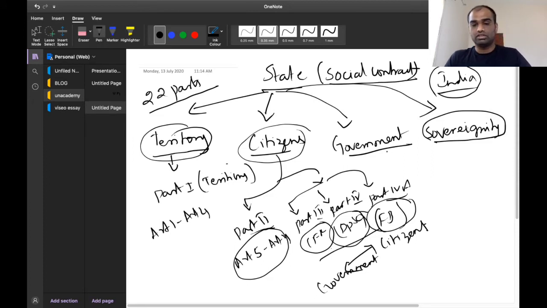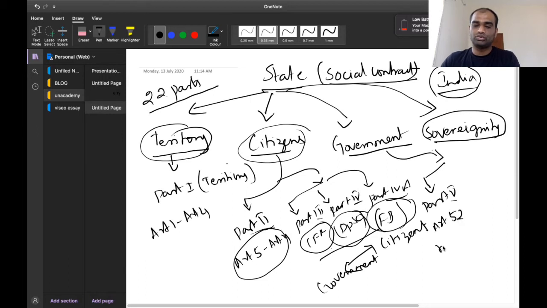Okay. Now the next one is government. If you look at government, Part 5, from Article 52 to Article 151, talks about the central government, that is executive, legislature as well as judiciary.